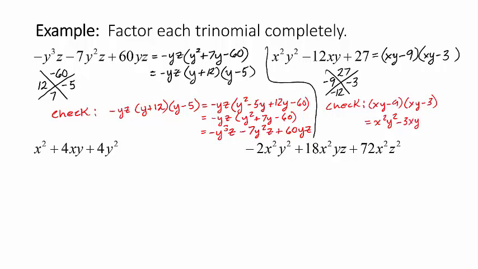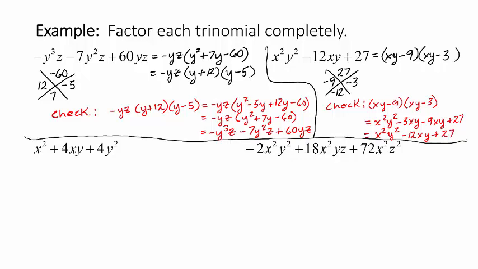On the inner term, negative 9 times xy is minus 9xy. And negative 9 times negative 3 is positive 27. Again, we're just cleaning up that middle term. X squared y squared minus 12xy plus 27.